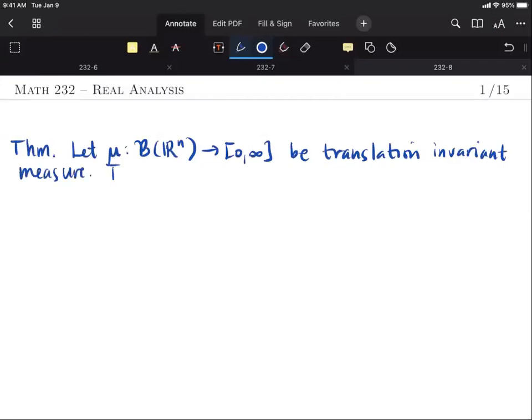Then one can find a positive constant A such that mu, your measure, is a multiple of the Lebesgue-Borel measure. So in other words, a translation invariant measure on the Borel sets in R^n is nothing but a multiple of the Lebesgue-Borel measure.